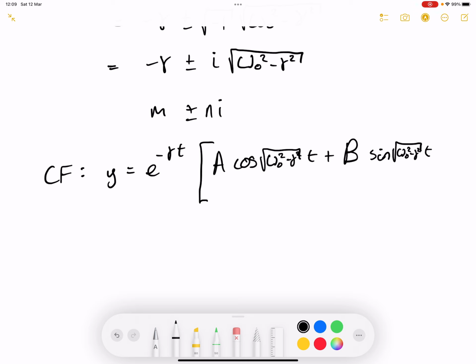I'm going to have to write very small for this because this is going to get very large later.